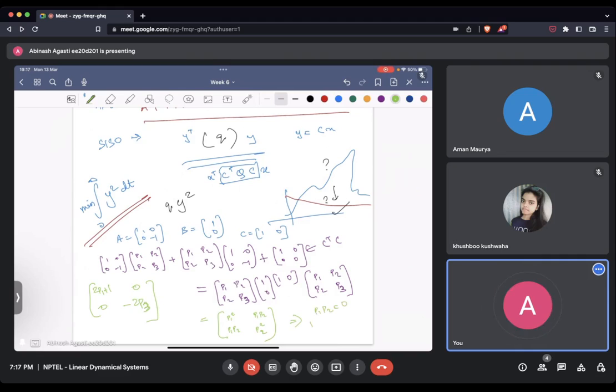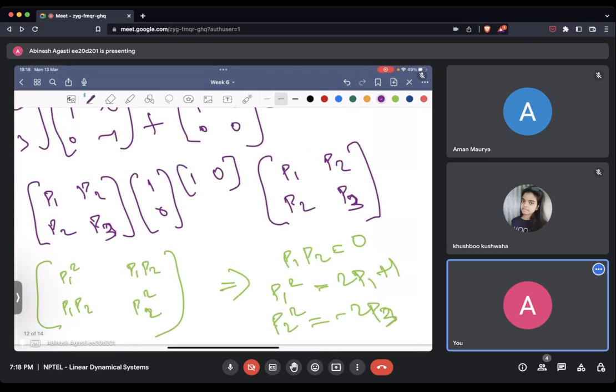Then P1 square equals 2P1 plus 1, and finally P2 square is equal to minus 2P3. So tell me what P1, P2, P3 will solve these three equations.